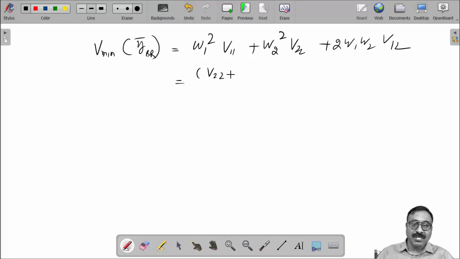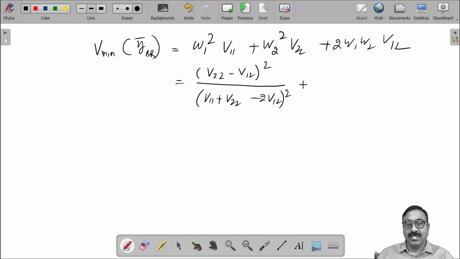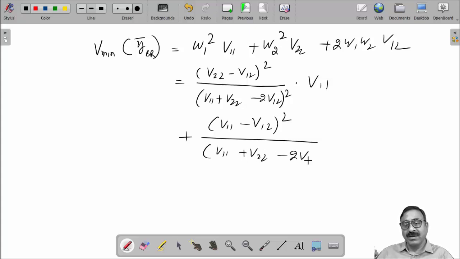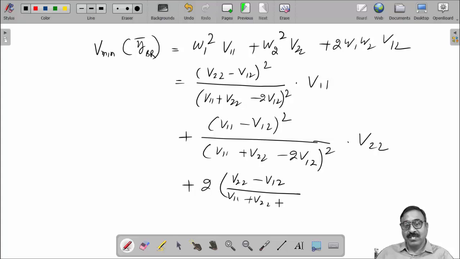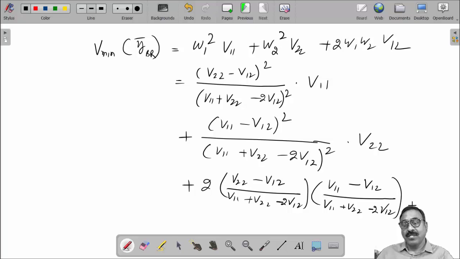So this will be V22 minus V12 whole square divided by V11 plus V22 minus 2V12 square into V11, plus V11 minus V12 square by V11 plus V22 minus 2V12 square into V22, plus 2 into V22 minus V12 divided by V11 plus V22 minus 2V12 into V11 minus V12 divided by V11 plus V22 minus 2V12 into V12.